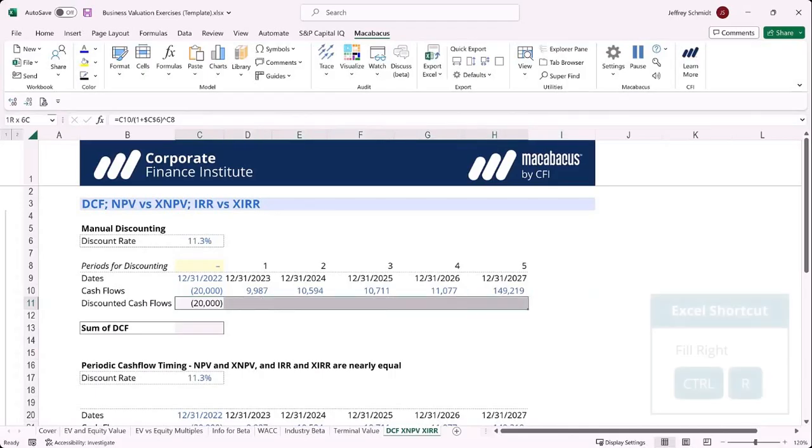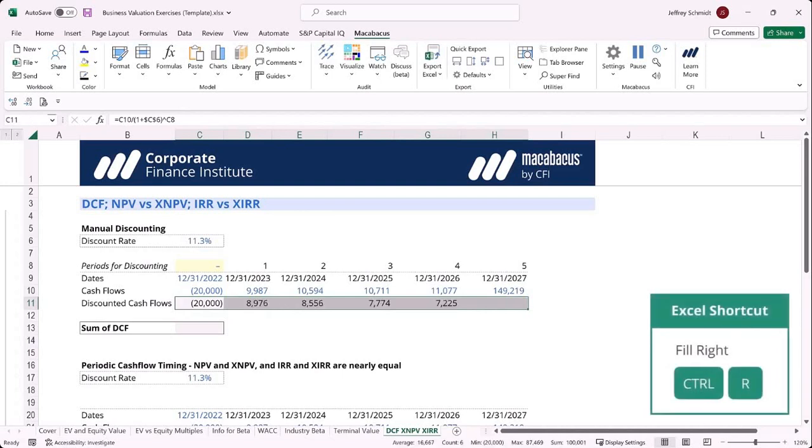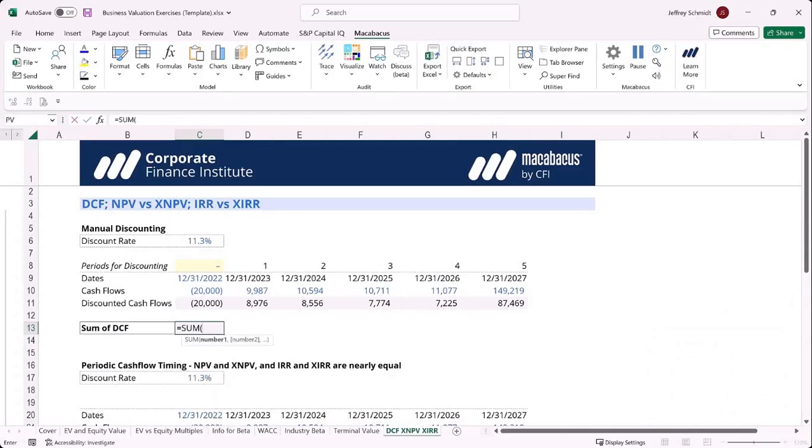And we'll select our range, and then we'll just do Control R to fill right. And then we can sum up all of those discounted cash flows. And we arrive at 100,000, effectively $100,000. Now we will apply the NPV, XNPV, IRR, and XIRR functions.